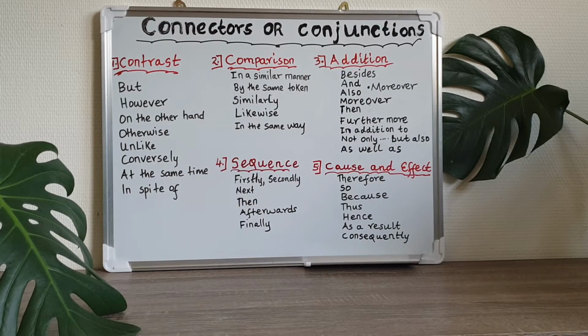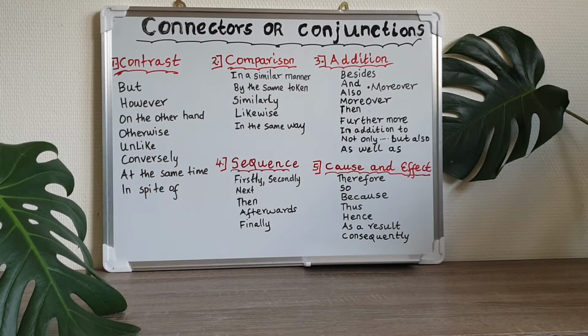Now, they include but, however, on the other hand, otherwise, unlike, conversely, at the same time, in spite of. And what they actually do is they try to help us to talk about the opposite of something.